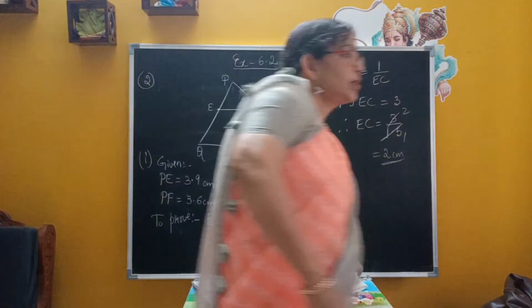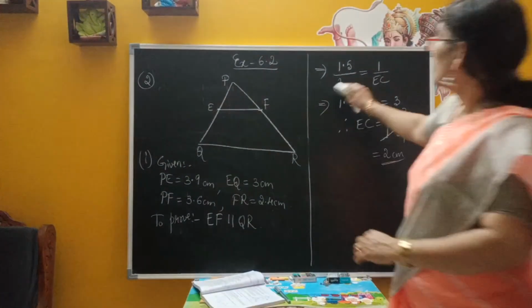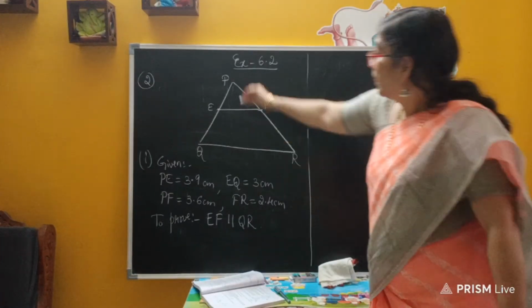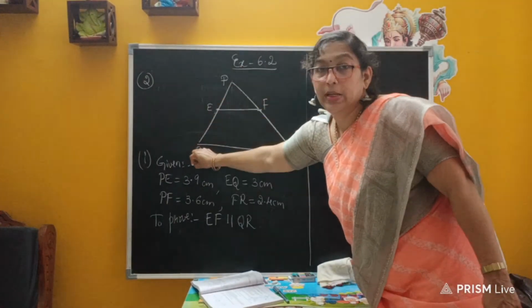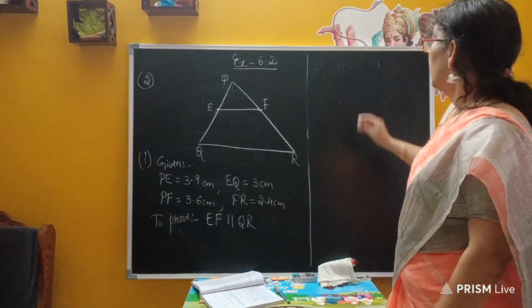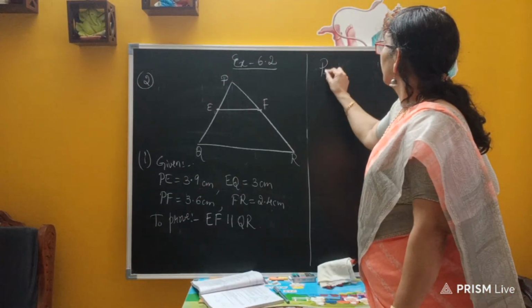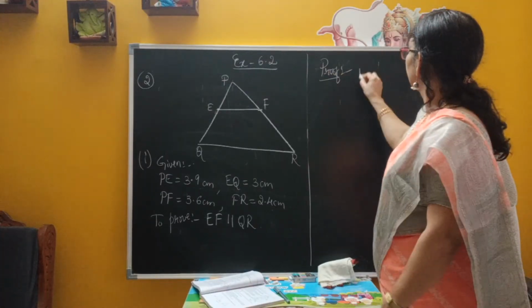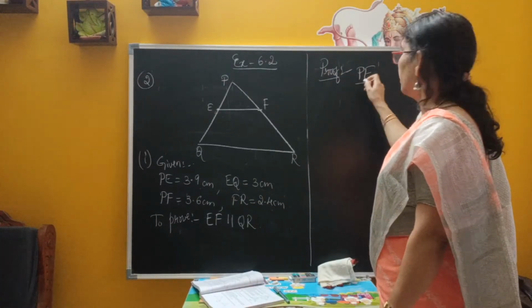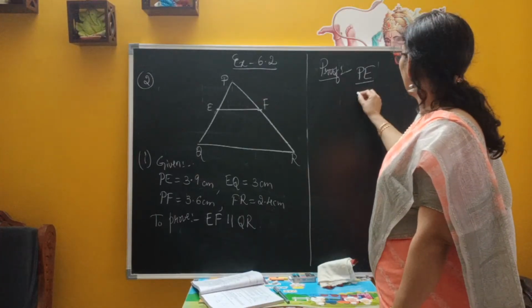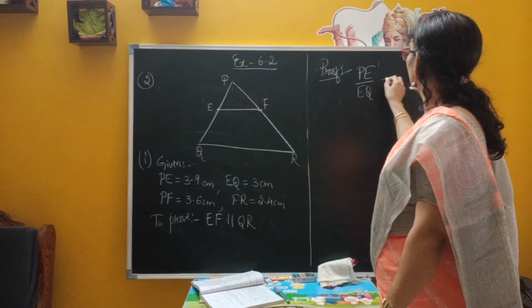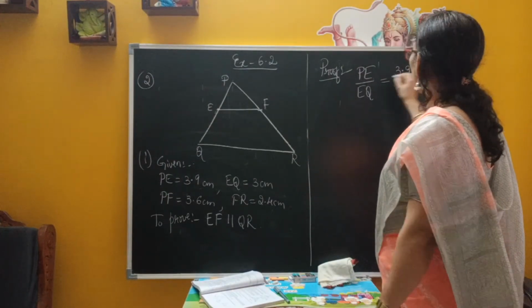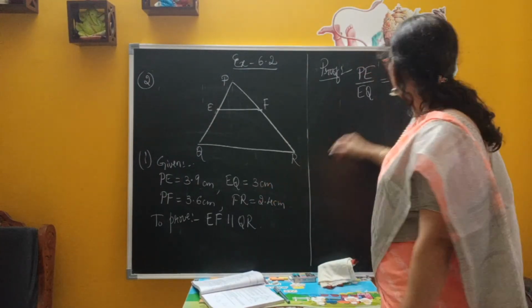Now let us take the ratio of the sides. First let us take PE by EQ, using the given measures. PE is 3.9 centimeter by EQ, 3 centimeter.